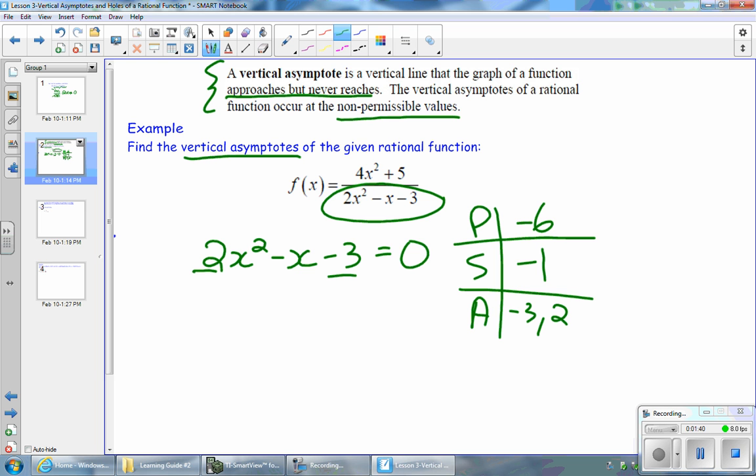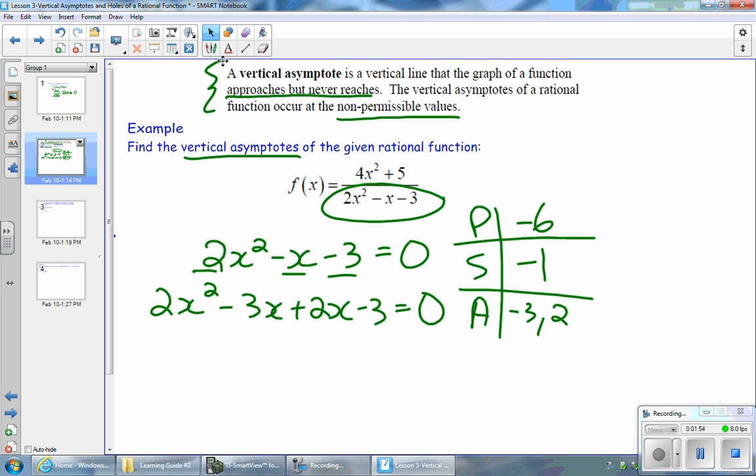So continuing on with my factoring here, I have 2x squared. We're going to decompose the middle term here, so -3x plus 2x minus 3, and this is all equal to 0. I'm going to group the first two terms and group the last two terms. So we're going to factor out any common factors that each of these groups may have. Looking at the first group, the common factor that I can take out is x.